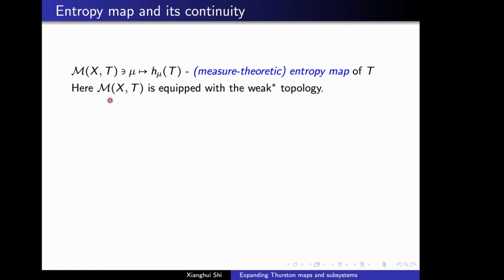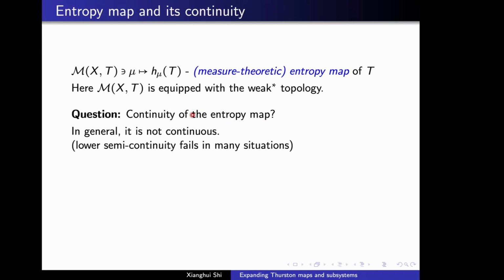Here the space is equipped with the weak-star topology. Here we can pose the question: continuity of the entropy map. Well, in general, the answer is no. It's not continuous, because lower semi-continuity fails easily in many situations.